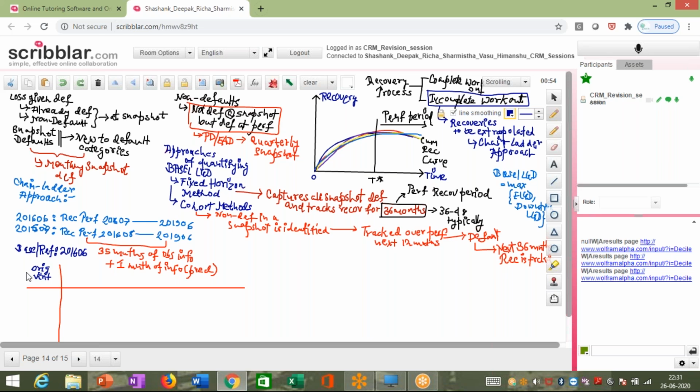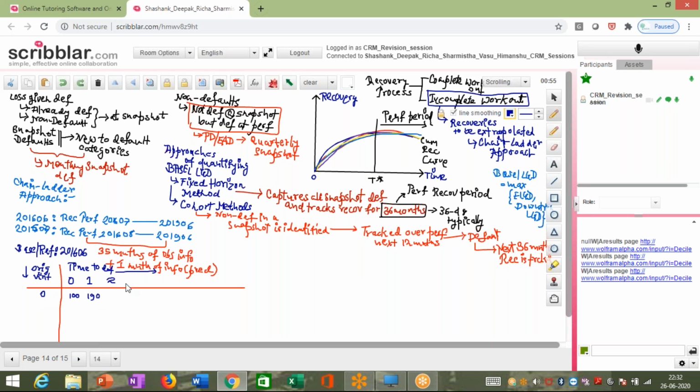So let's say in the first month, a recovery of $100. In the second month of recovery, a total of 190 has been collected. These are all cumulative recoveries. In the month of default, there has been some collections.